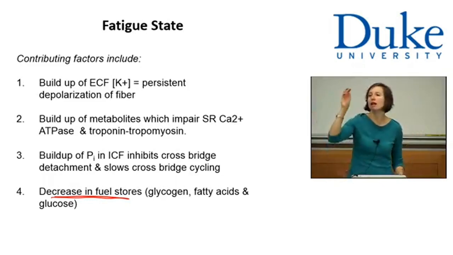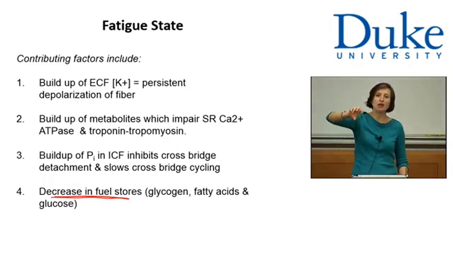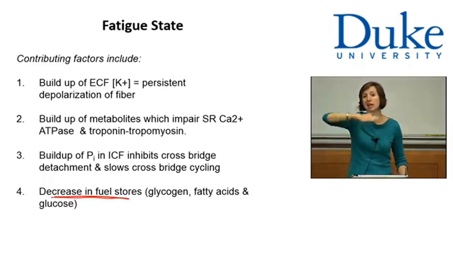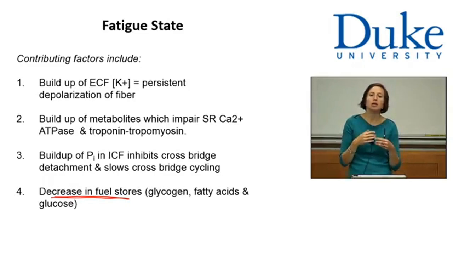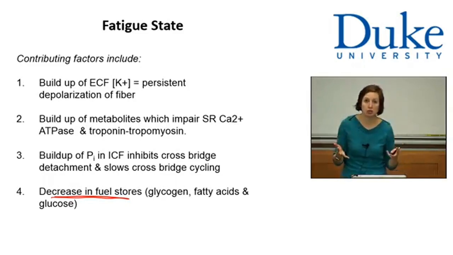And so if we have a lot of potassium outside of the cell, that means that the equilibrium potential for potassium will be less negative, which means that resting membrane potential will be less negative. But remember, the sodium and potassium channels need to get to that very negative membrane potential to be able to become closed.